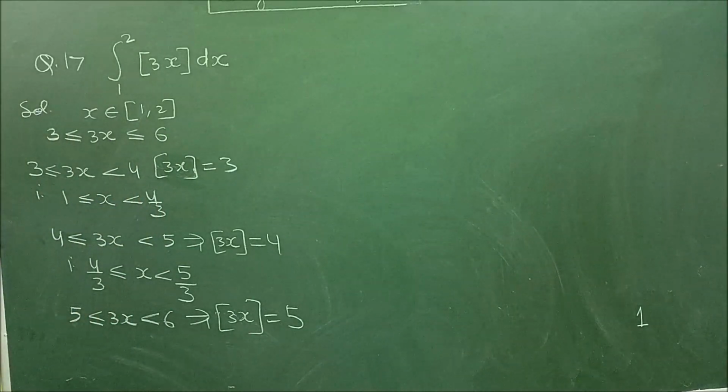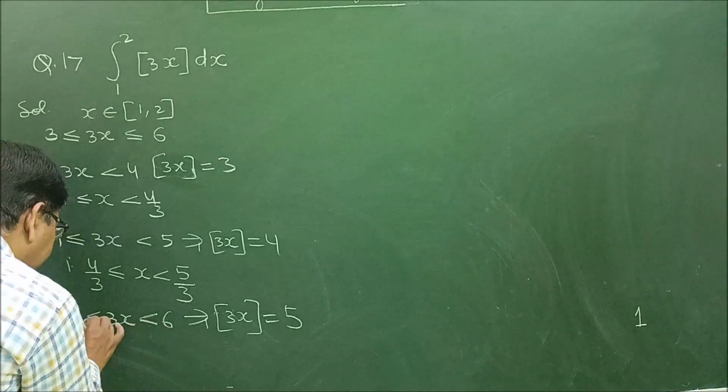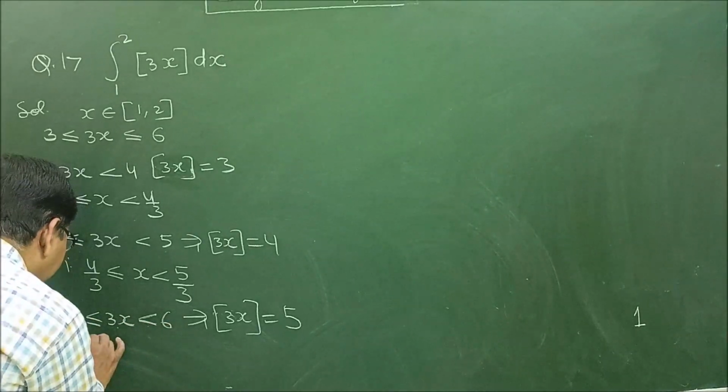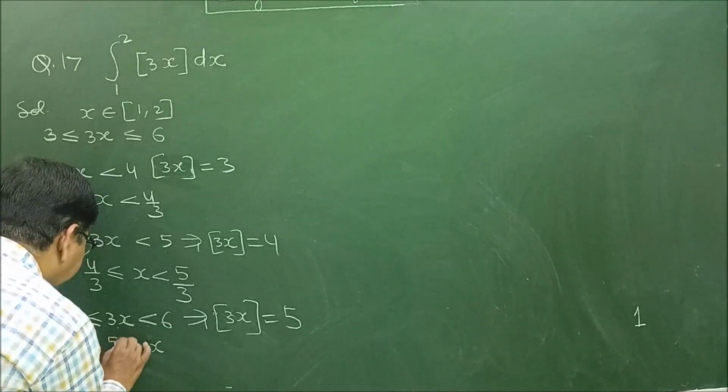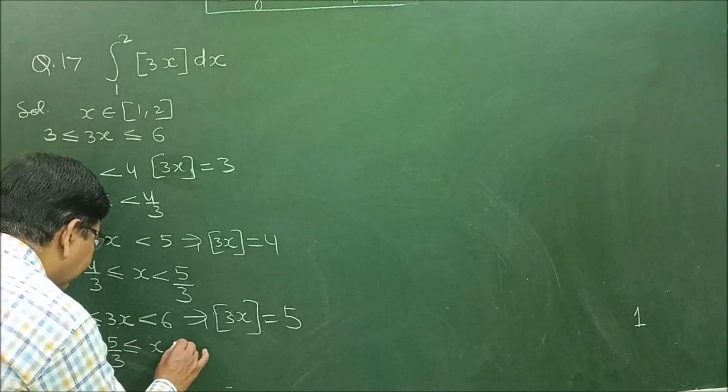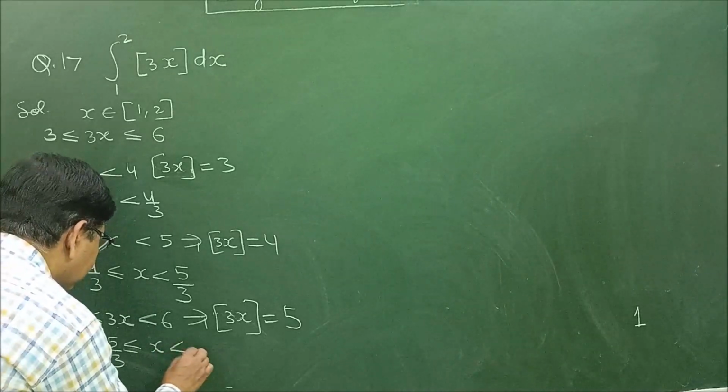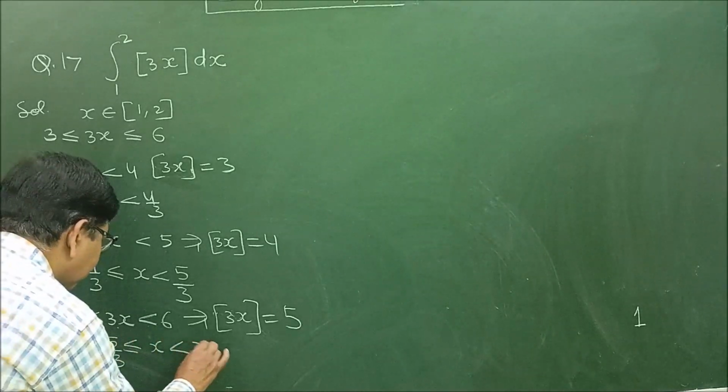Now 3x lies between 5 and 6, that is, x lies between 5 upon 3 and, dividing by 3, 2.